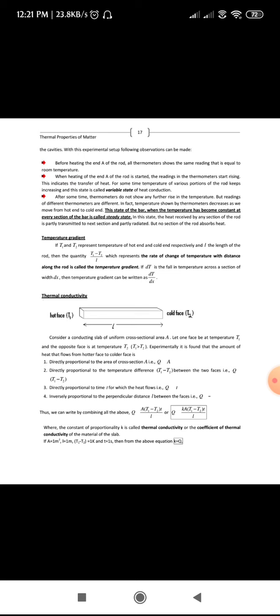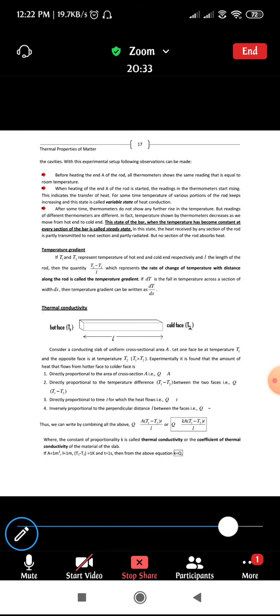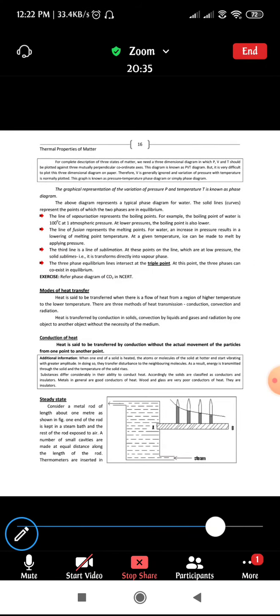Is it fine about this experiment? And is it fine about the variable state and steady state? Just go through it once. In case you have any doubts, please let me know.